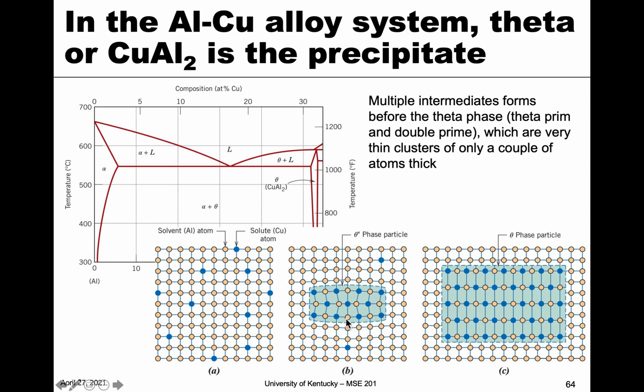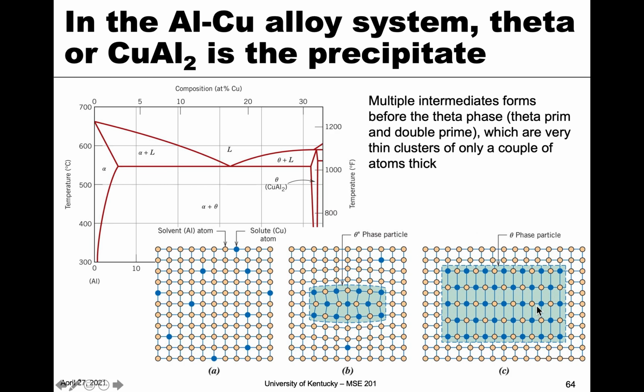And so this one, which looks like it's roughly 50% each of those, is called theta double prime. And this is an intermediate. It's not theta, but it's very close to that structure. So you can see it's very small. We're only talking a few atoms in these small particles.